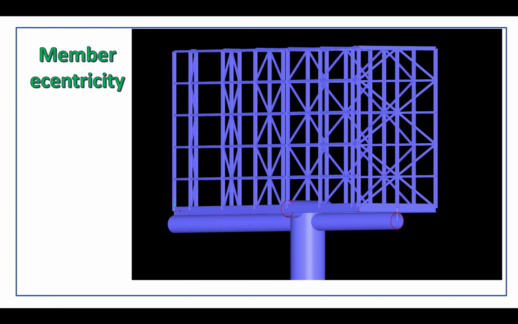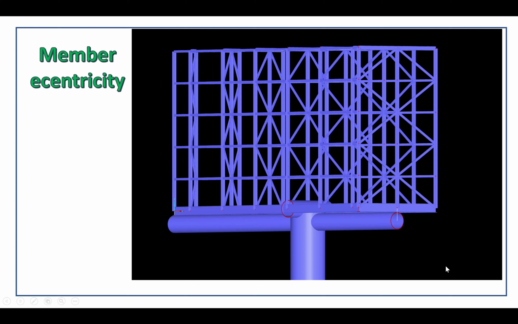So when we take eccentricity into account in calculating, in analyzing, your member will produce more torsion, so your member can fail according to your verification.